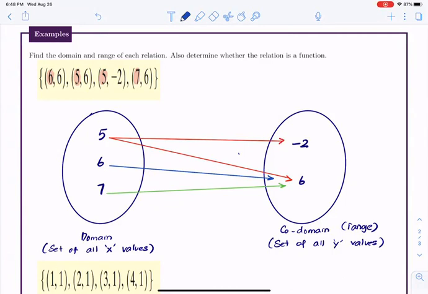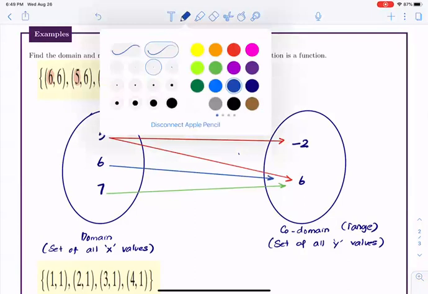So we want to know if this particular relation that we have is a function or not. So I'm going to write a remark here.